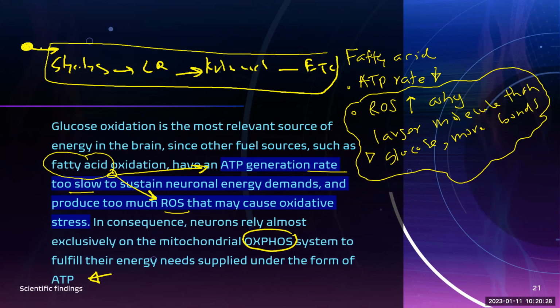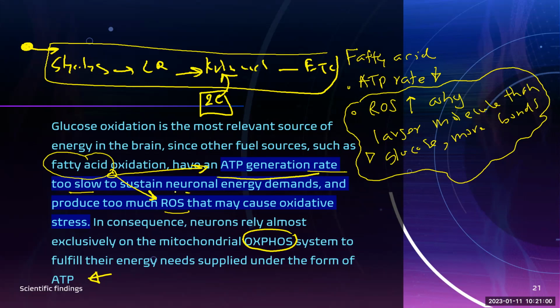If a fatty acid enters, it has to break down into two carbon compounds, and then it enters at the level of the Krebs cycle. So you can understand the fatty acid needs additional pathways if it wants to fulfill the energy requirement of the cells. So the ATP generation rate is slow.